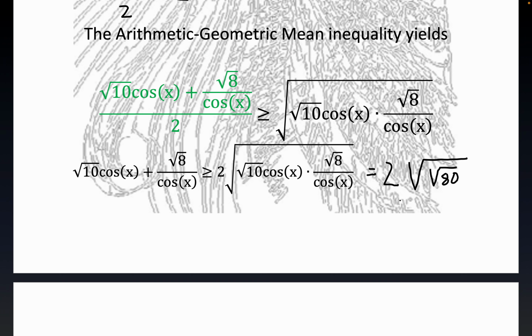So this is the very same thing as 2 times the square root of the square root, which is the 4th root. 80 does have a perfect 4th power, namely 16, so we can write this as 2 times the 4th root of 5 times 16.